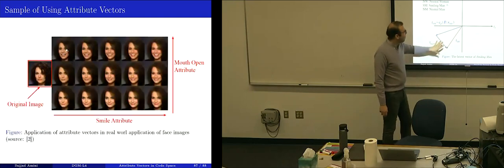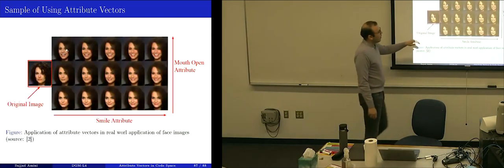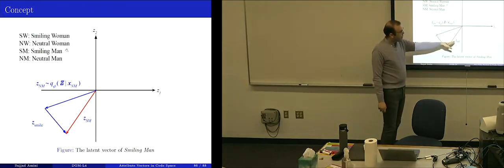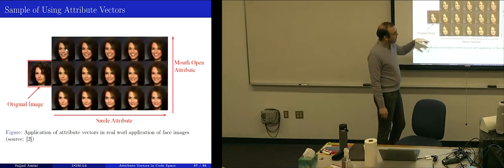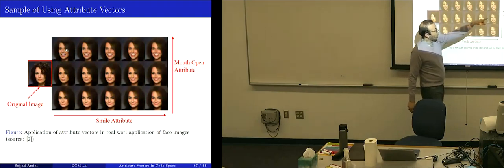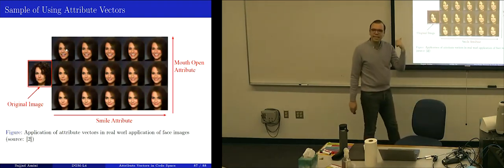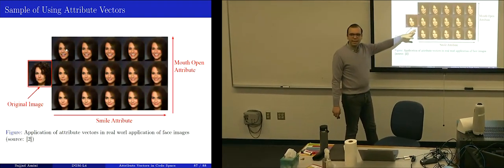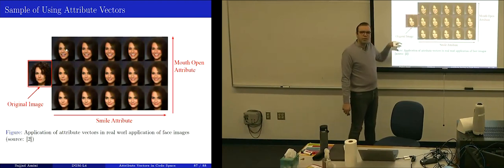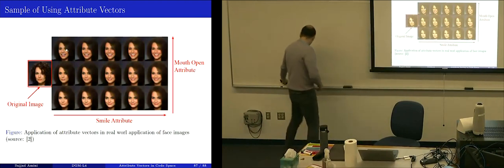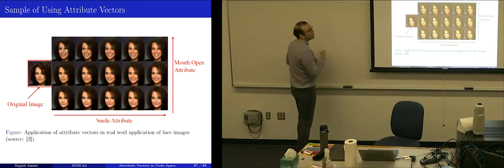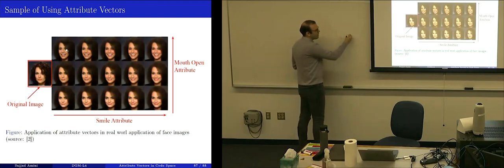Okay. Yeah. So using this similar procedure, I previously found the smile and mouth open directions in the latent space of this trained model. Then I encode this image using the approximate posterior. I have this image, I use q phi of z given x.